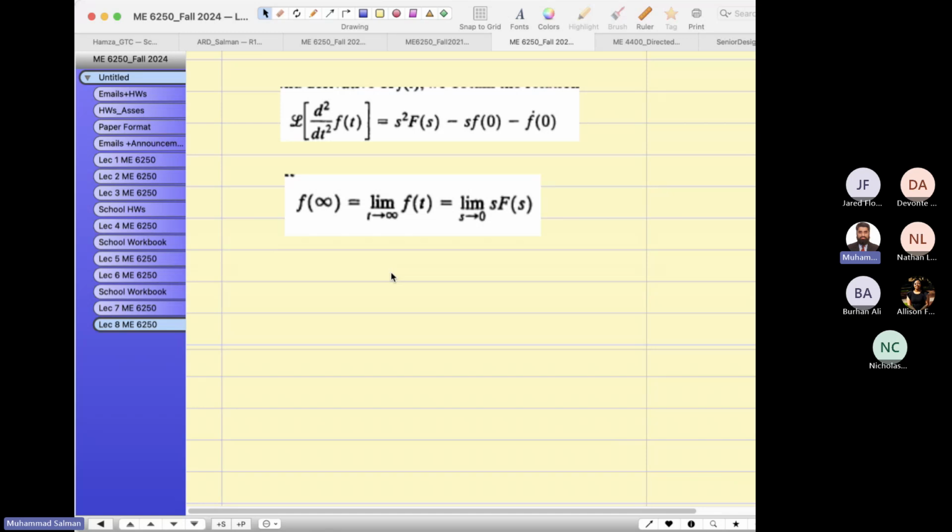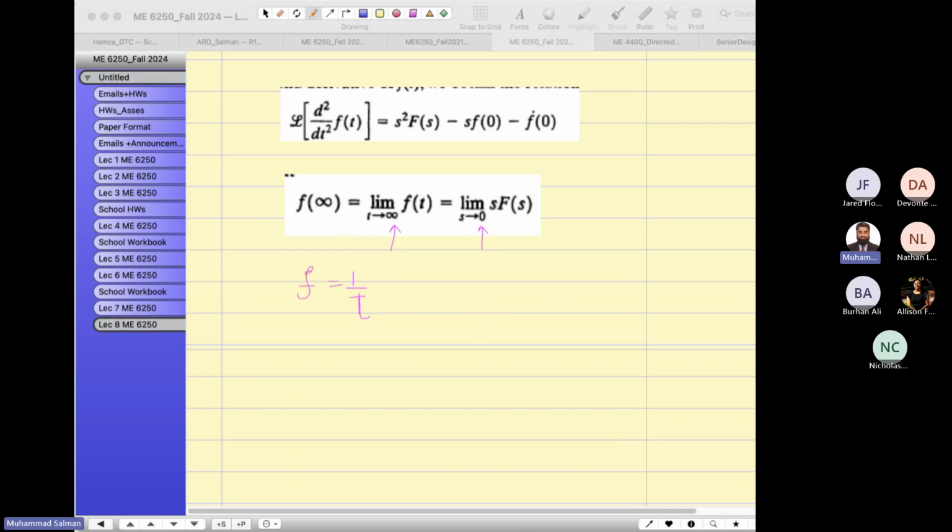Or in the frequency domain, it becomes s going to 0. As you know, frequency is equal to 1 over t. So if the time is infinity, frequency would be 0. But make sure you put f of s for the function.